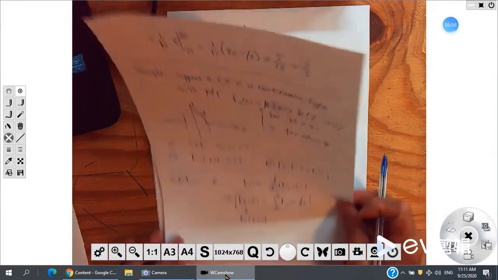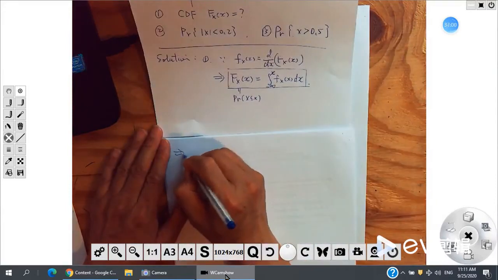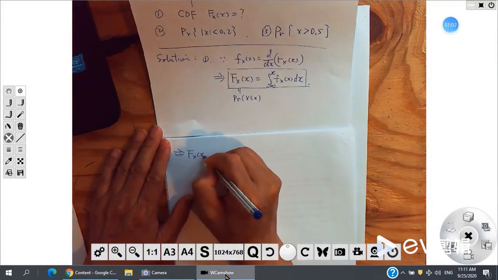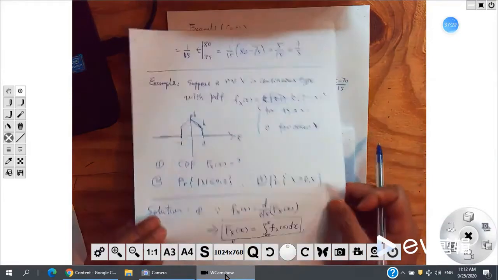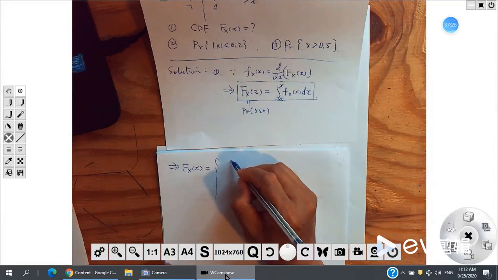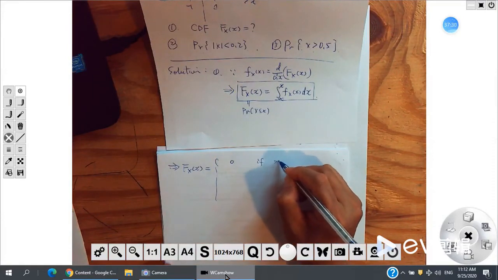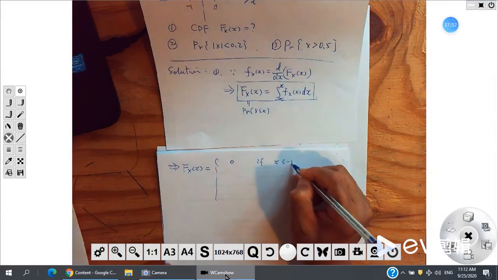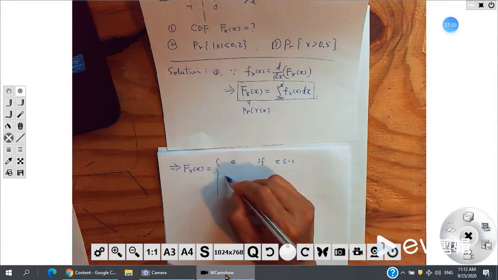So here we have three cases for Fx of x. It is 0 if x is smaller than negative 1. Equal doesn't matter.